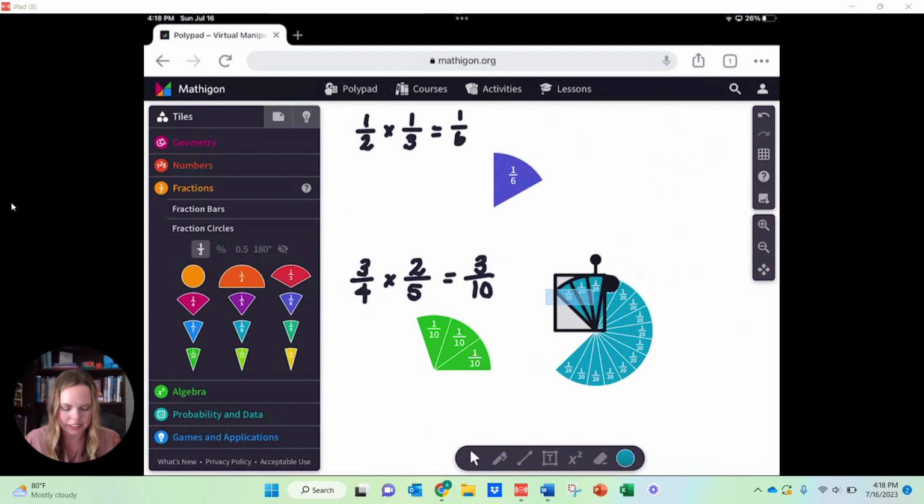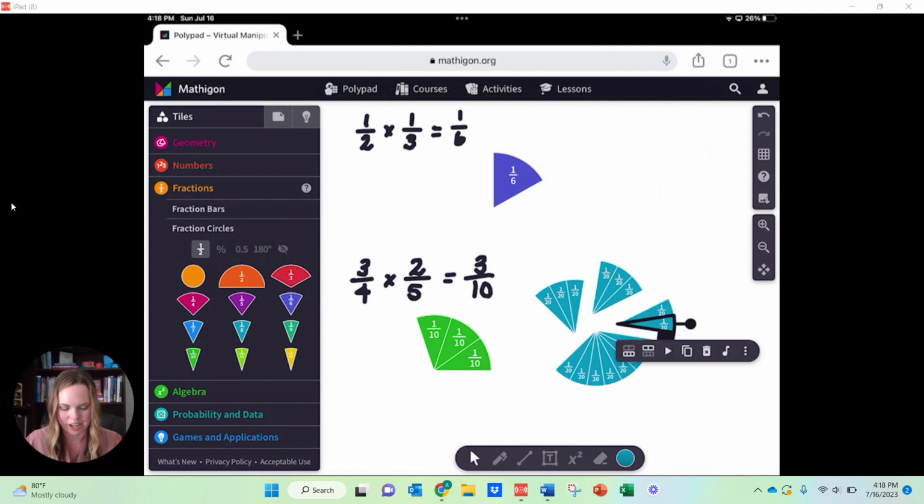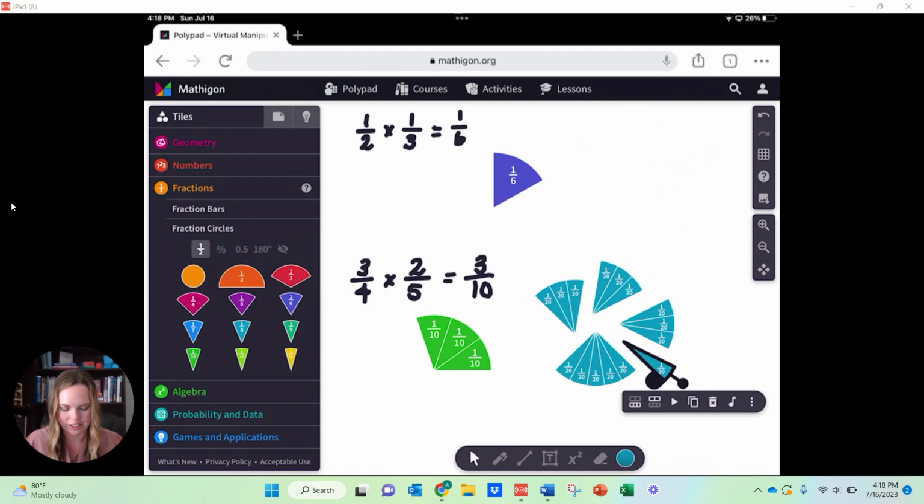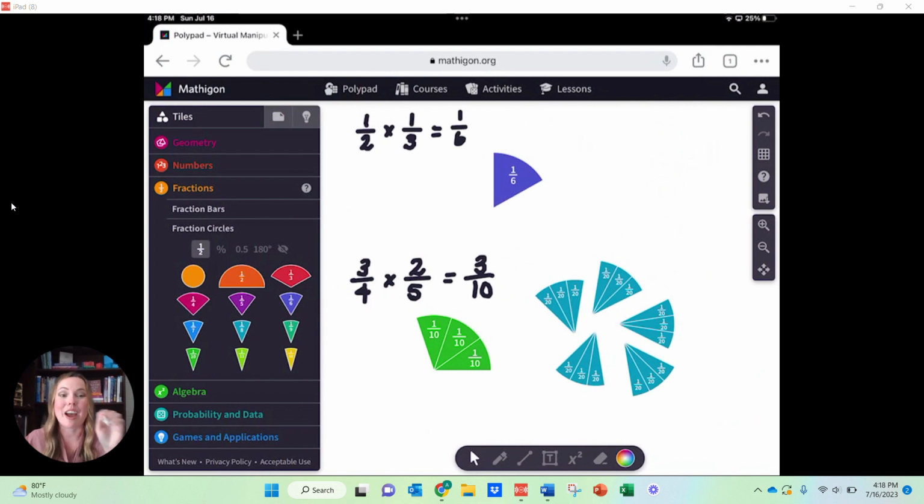Each of these, if you look right here, we can cut them into fifths, and there's 3 in each one. So I'm going to show you that, pull them apart. Here are the fifths. There you see those 5 pieces.